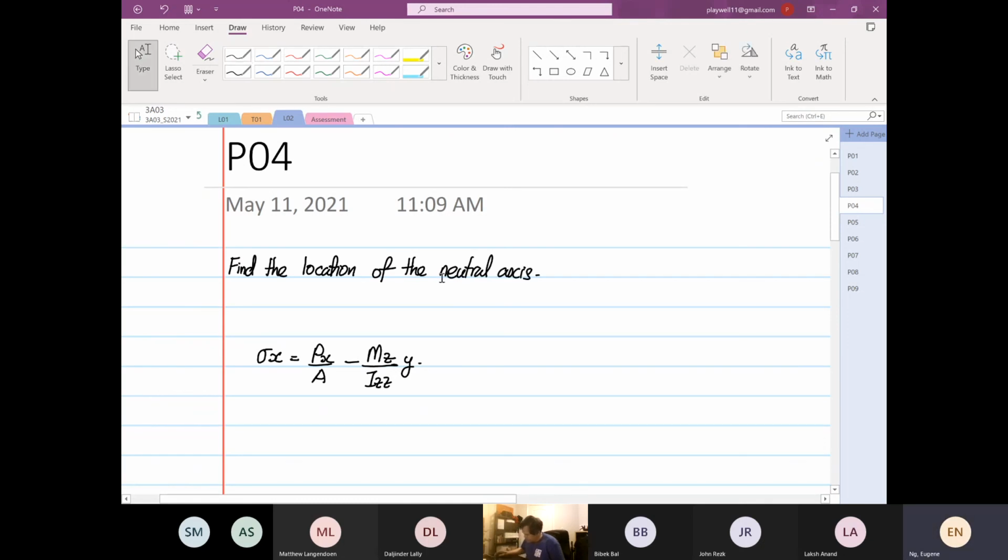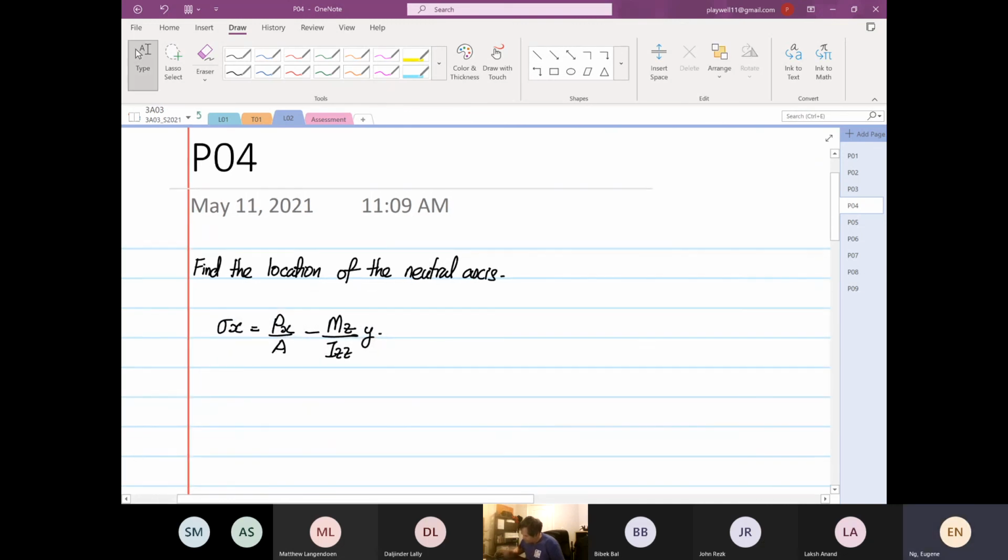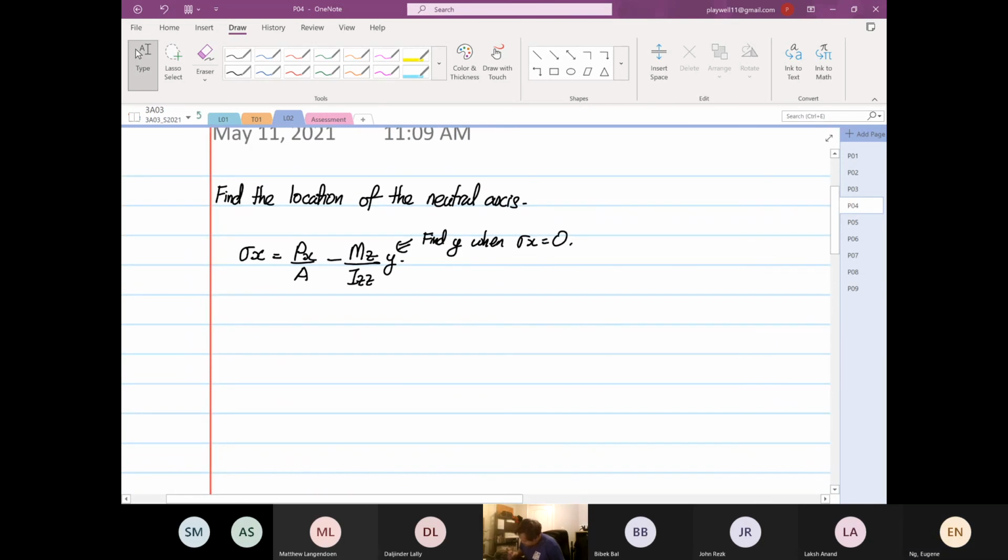So we're going to apply this formula. We're going to find y when stress X is equal to what? Equal to 0.